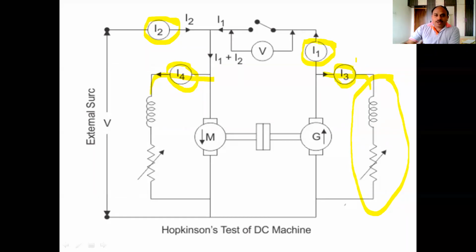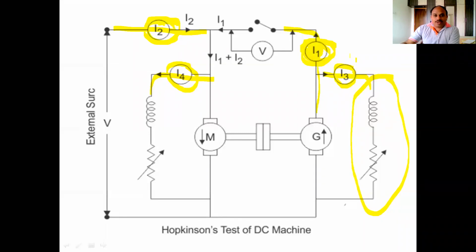Another ammeter measures the current delivered by the generator, I1. This ammeter measures the current taken from the external source, I2.